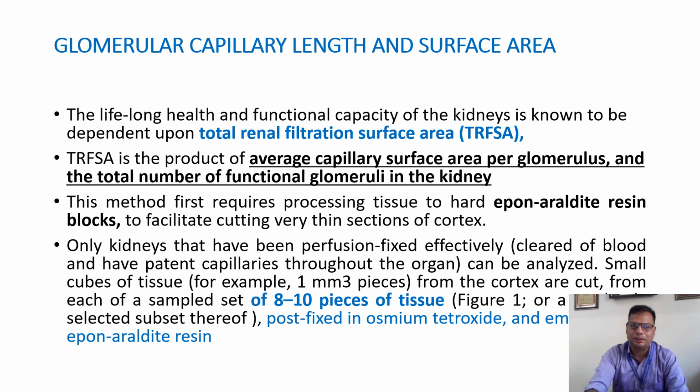Again, the length of the glomerular capillary and the surface area is very important to have the knowledge of the functional capacity of the kidney, mainly dependent upon the total renal filtration surface area, also known as TRFSA, which is a product of the average capillary surface area per glomerulus and total number of functional glomeruli in the kidney.